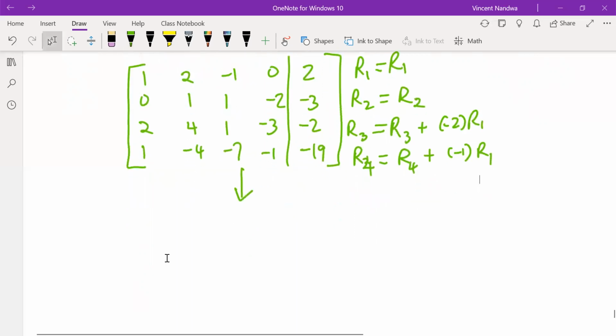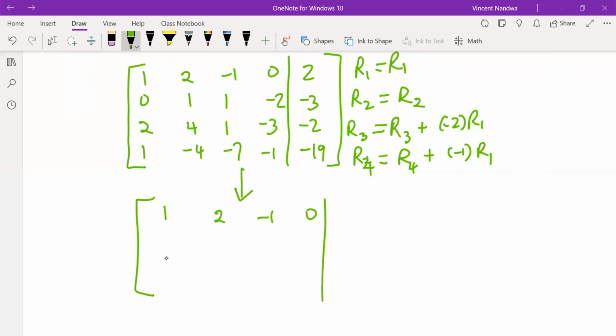So that will lead me to 1, 2, minus 1, 0, 2, 0, 1, 1, minus 2, minus 3. So there is 0, then 4 plus minus 2 times positive 2 would be 4 minus 4, which is 0.